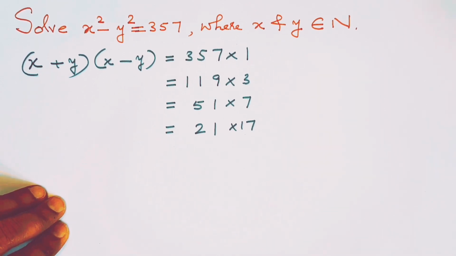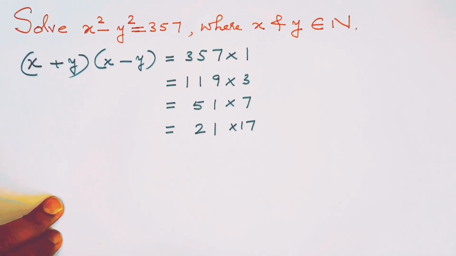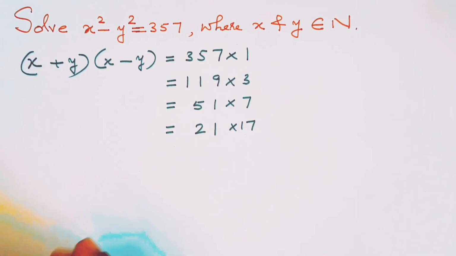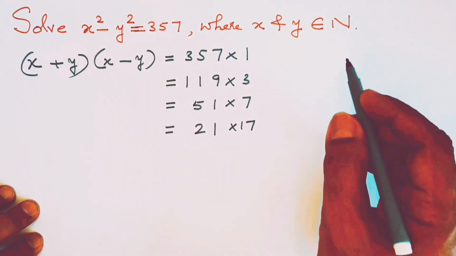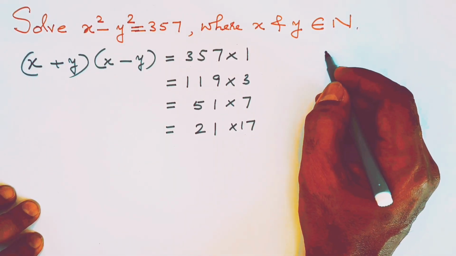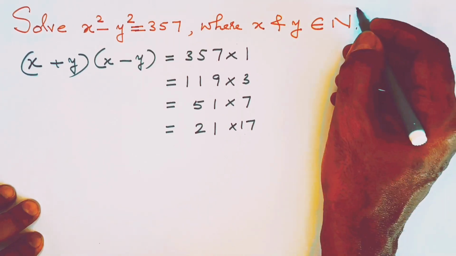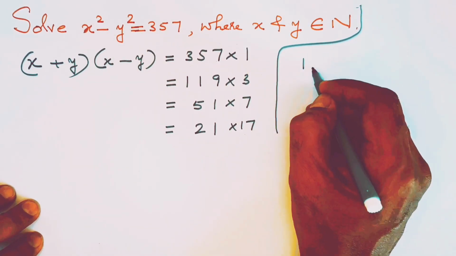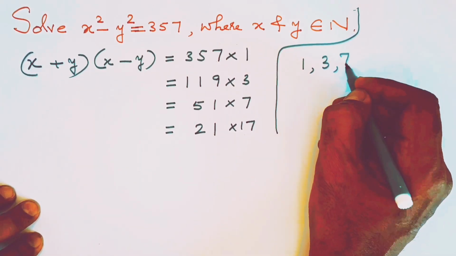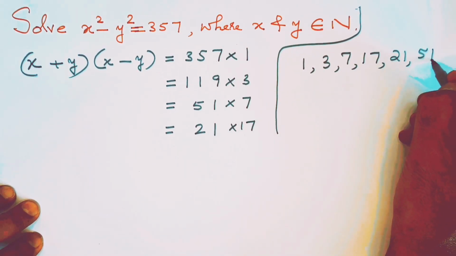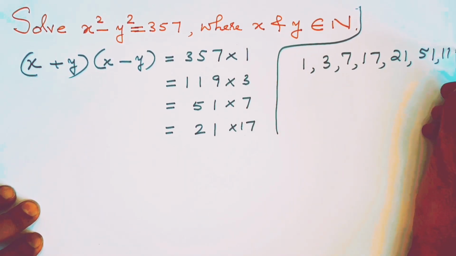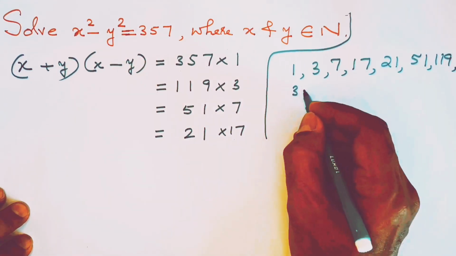Actually, there is a method to find out the number of ways of splitting a natural number into a product of two other numbers. But I don't want to go into those areas because we are basically solving this equation. I'll give you a brief outline of that method. Let me write all the factors of 357 starting with 1, 3, 7, 17, 21, 51, 119 and then the last factor 357.